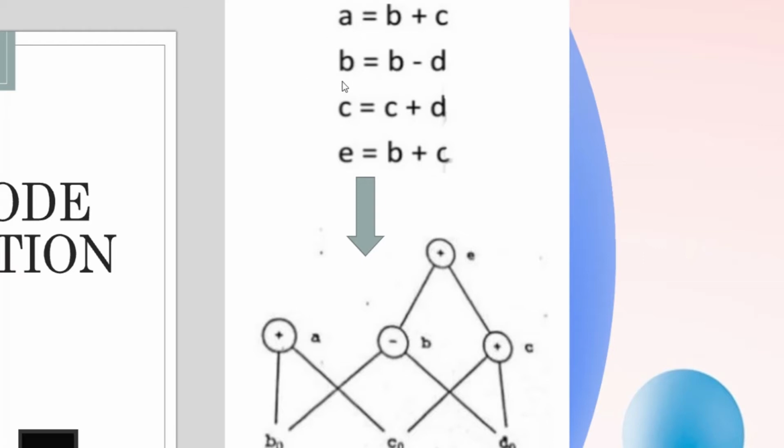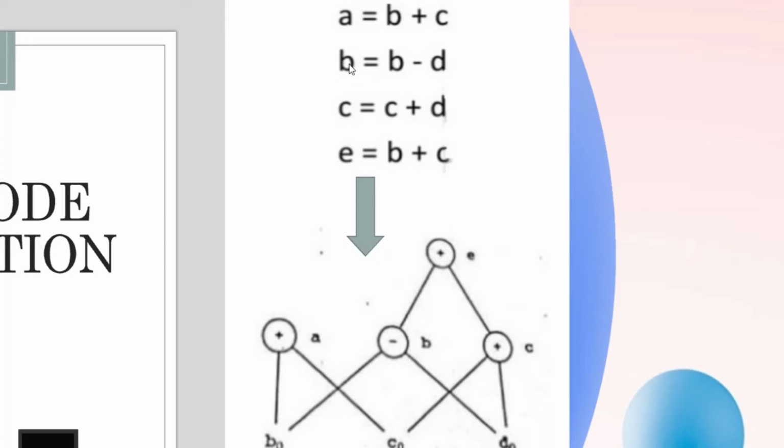Next, third expression, C is equal to C plus D. See here, we are using C and D, and we are adding them, and we are storing the result in C. So in the third expression, the value of C is changed. In the second expression, the first value of B is changed, and in the third expression, the first value of C is changed.